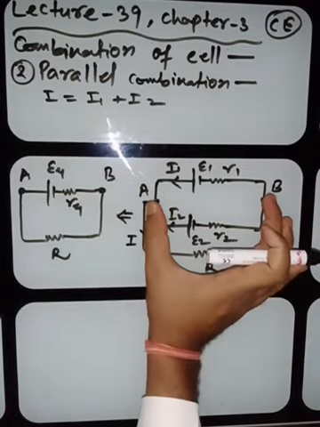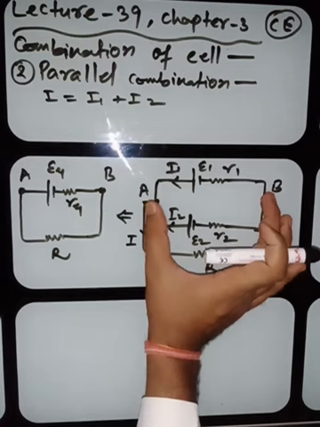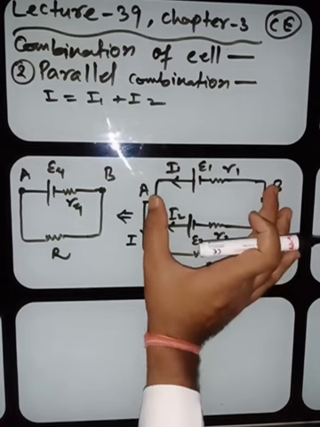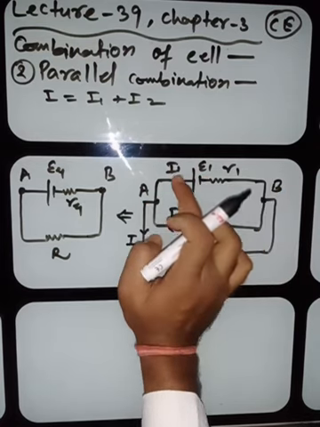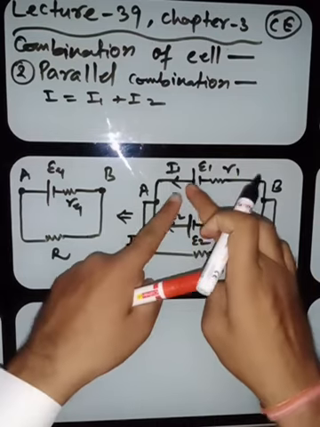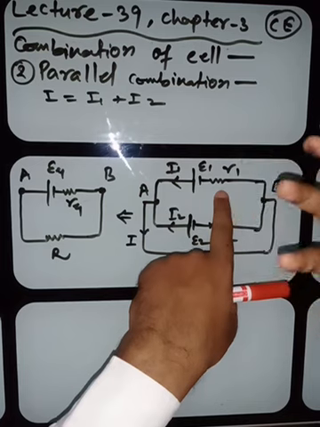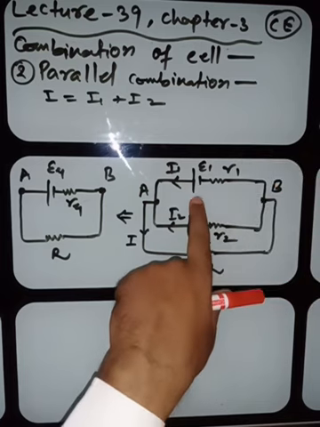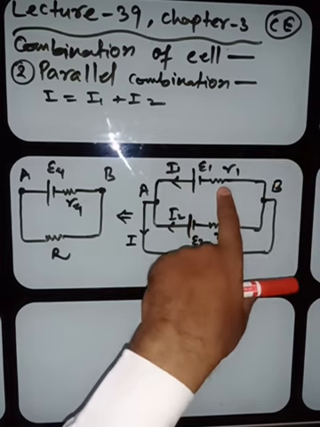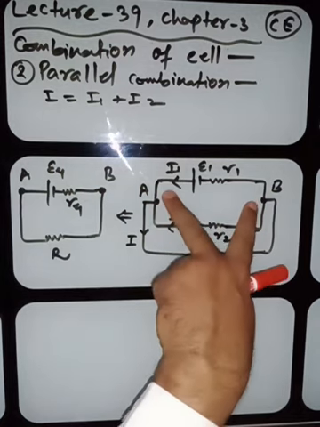Now, suppose this is the terminal A and this is the terminal B. What will be the potential across these two terminals? So the potential here will be E minus IR. Here the total potential will be the EMF minus the potential which is dropped here. If it is 1.5 volt and 0.5 volt is dropped here, the total potential will be how much? 1 volt.